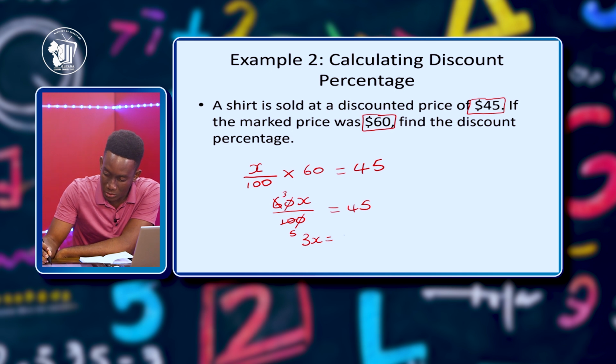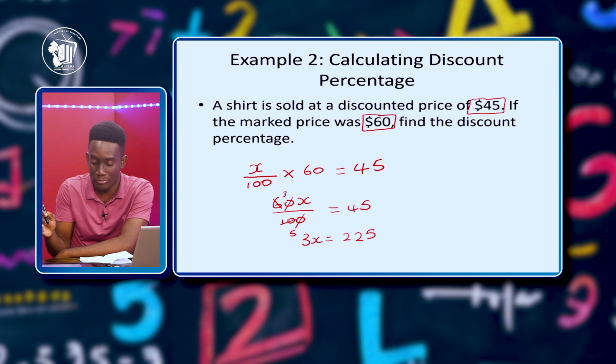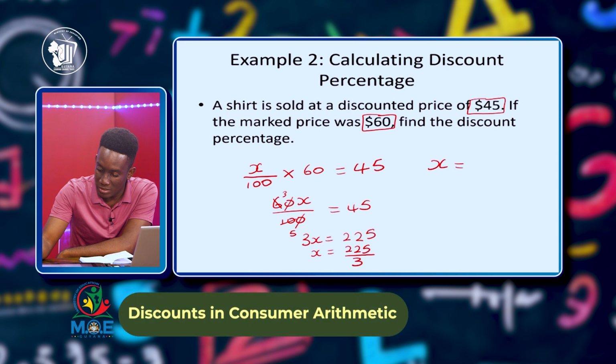would give me 225. And now to find the discounted percent, which is x, because we're using x to represent the discounted percentage, we just take over the 3. So the 3 is multiplying, and we take it over, it will divide. So we'll have x is equal to 225 divided by 3.